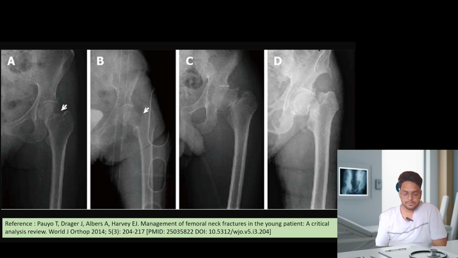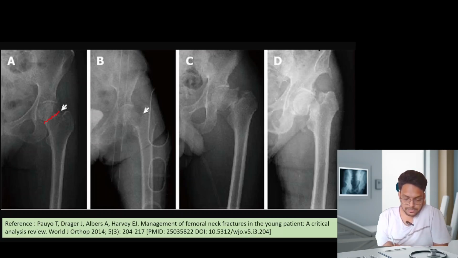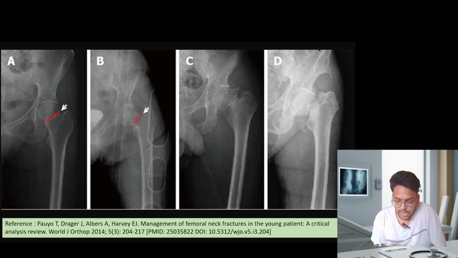This is from the World Journal of Orthopaedics. In this journal, they have nicely given an X-ray from the time of fracture till the non-union and AVN. So, initially there is a neck of femur fracture, and later after a few months the edges are getting smoothened. Then later the femoral head starts getting a sclerotic appearance and it has lucent areas within.